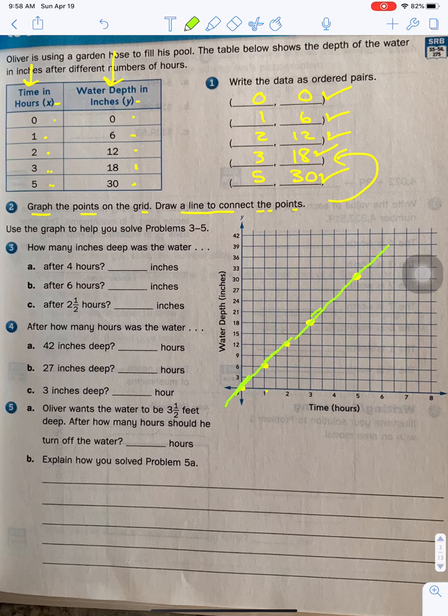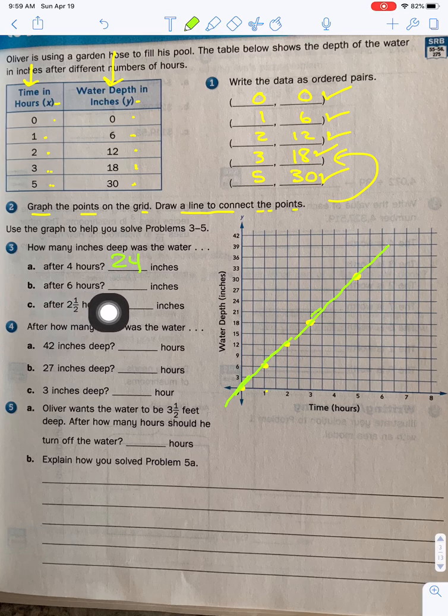We're going to go to number 3. How many inches deep was the water after 4 hours, 6 hours, 2.5 hours? So we'll start with 4 hours. Go over 4 and up. It looks like it crosses and intersects right at 24.